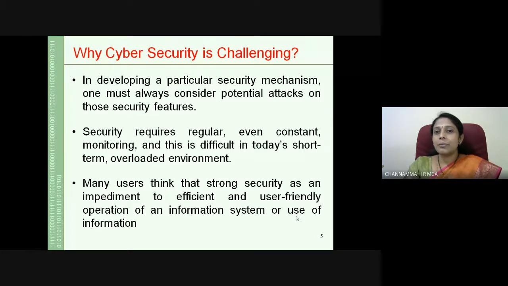In developing a particular security mechanism, one must always consider potential attacks on those security features. As I told you, the security level required for each individual is different, so it is customized. It cannot be standardized. If it could have been standardized, the problem would have been solved by this time. But security has to be taken care of by each individual.